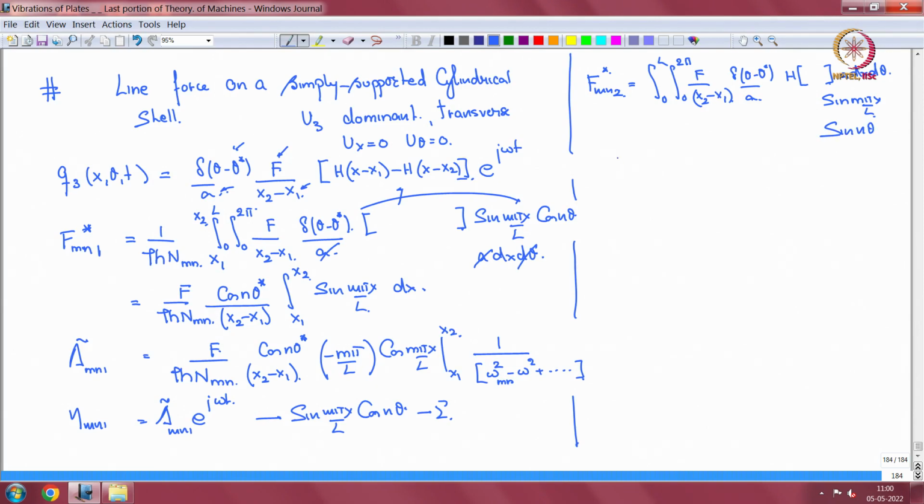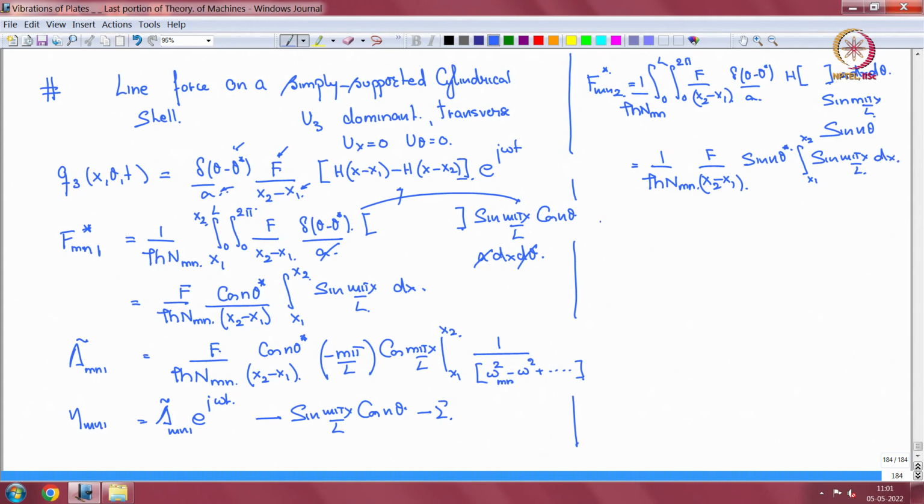And I have 1 over rho h n m n. So this becomes 1 over rho h n m n, f by x2 minus x1, sine n theta star, and this integral from x1 to x2 sine m pi x over L dx.